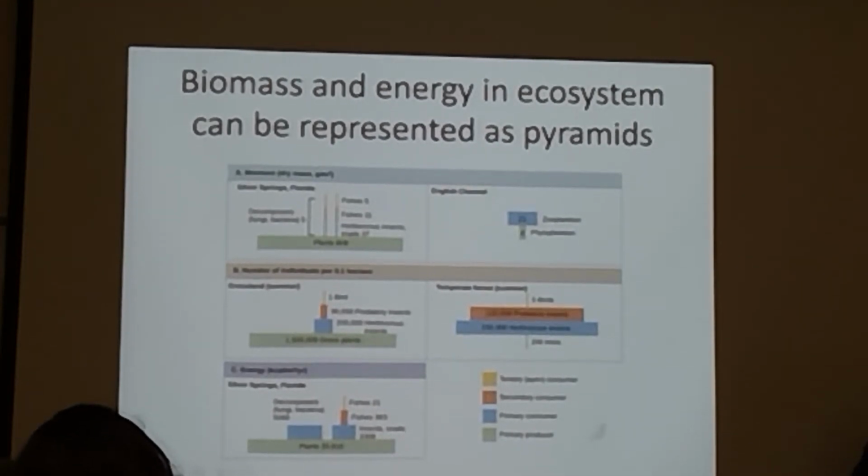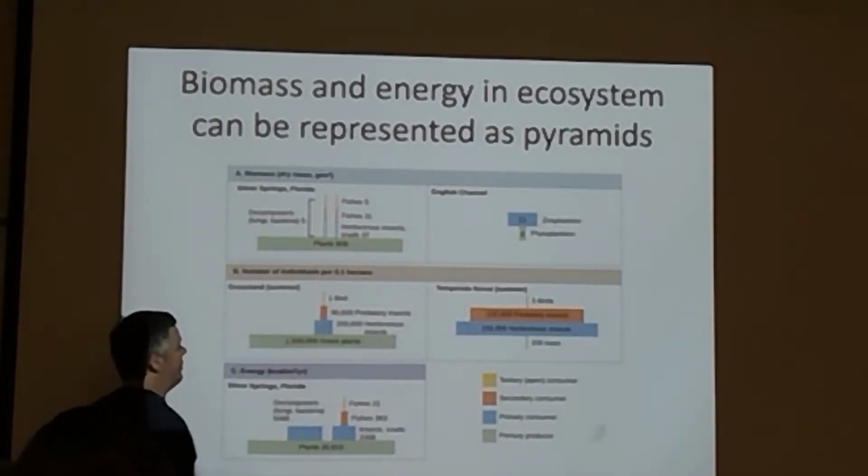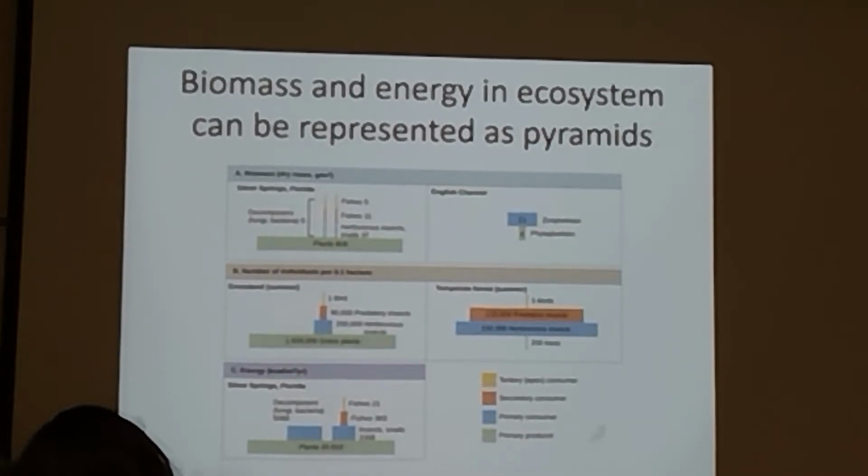There's no rate associated with which energy is being produced. So instead we have plants here representing 809 grams of probably carbon per square meter. Snails and insects, 37 grams. Fish, 11 grams. And then predatory fish, 5 grams.